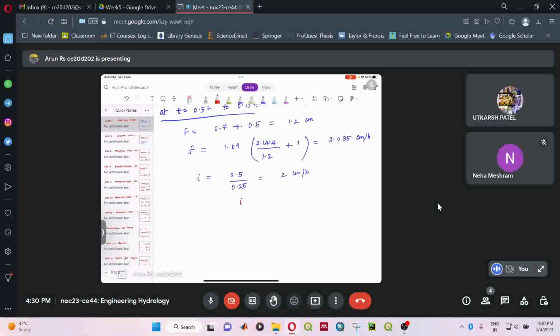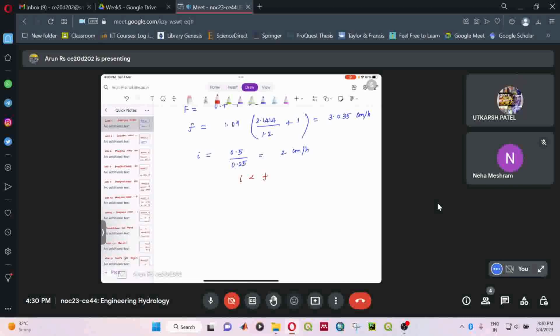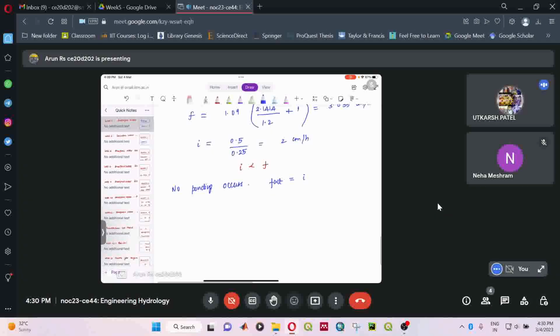So again your rainfall intensity is less than the infiltration rate. So in this case also, no ponding occurs because all the rainwater is going below the earth surface. So F actual will be equal to the rainfall intensity.